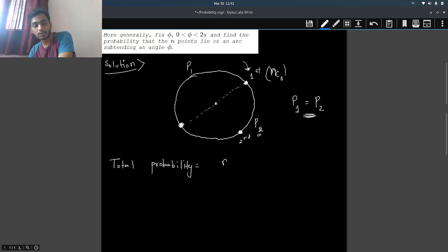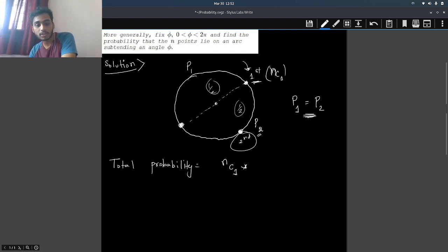So what is the total number of ways in which we can select the first value? The first value is the game changer, and the second value we select anywhere on the whole circle, so we don't worry about that. Once we fix it, there is a half probability that each of them will be on either side.